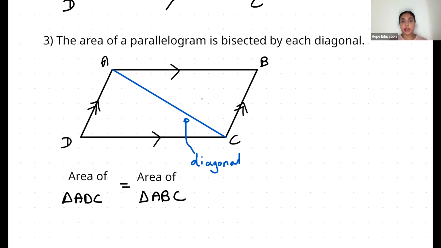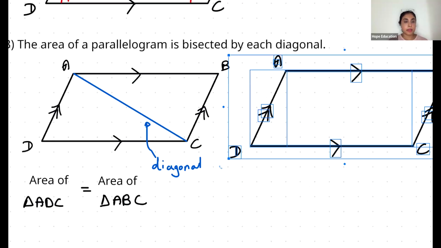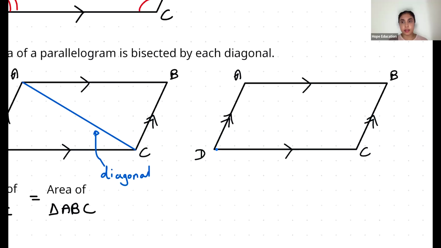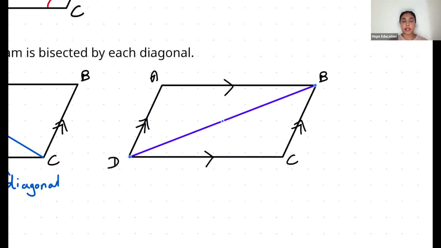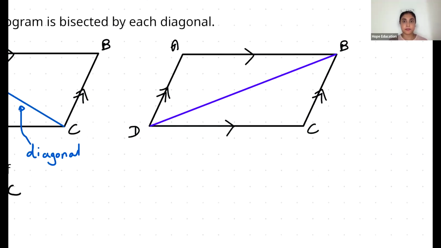Or we could draw another diagonal like this. We could join B and D and draw a diagonal. Now this parallelogram is divided into two parts. This is one part, this is the other part. So this is also a diagonal. Let me label that. That also divides the parallelogram into two equal parts.